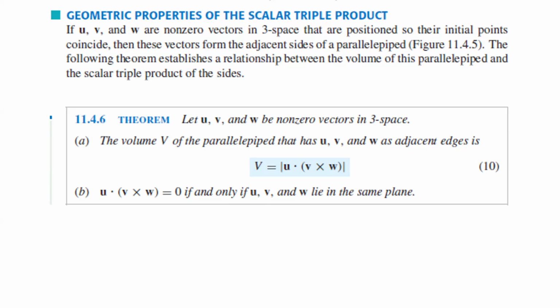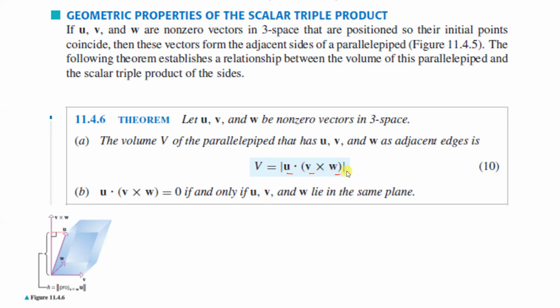Now, geometrically, the magnitude of this scalar triple product is the volume of the parallelepiped constructed using these vectors u, v, w.